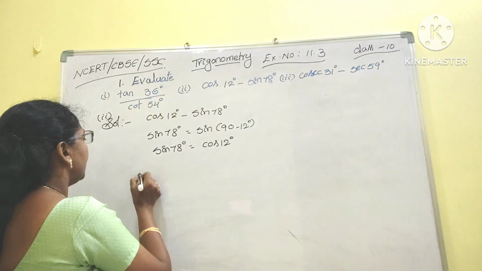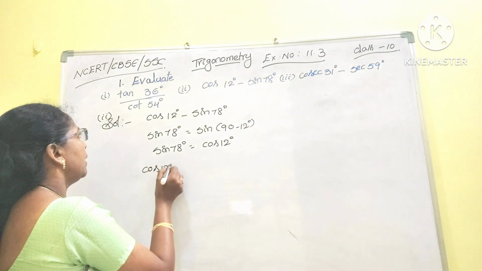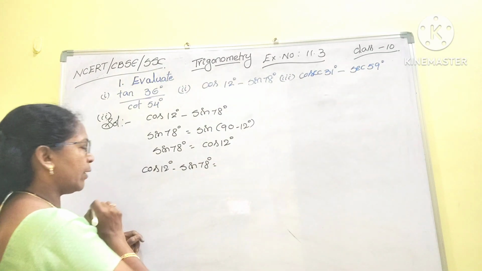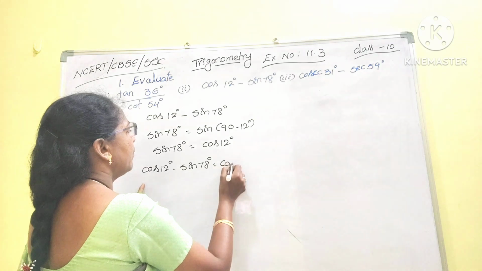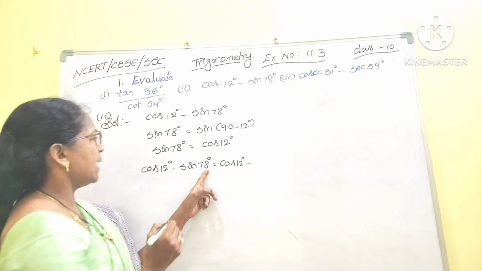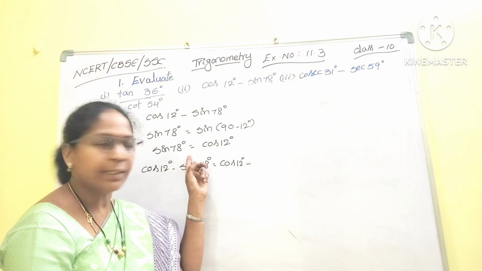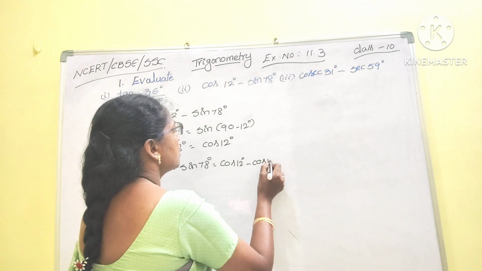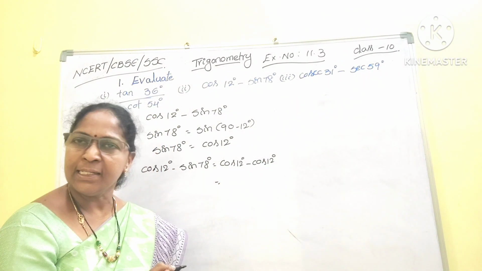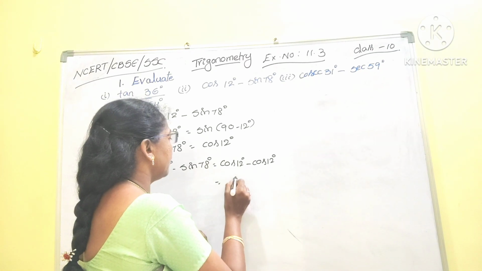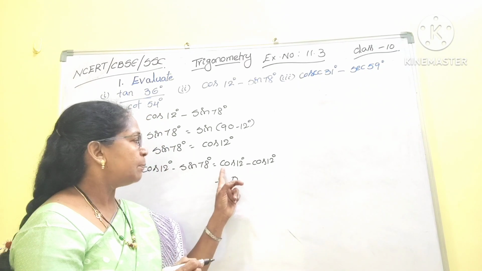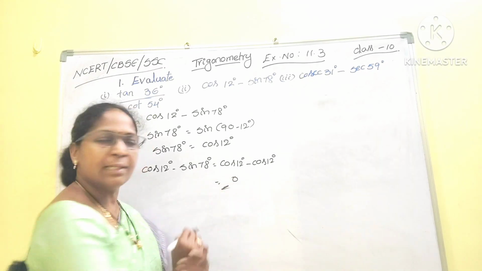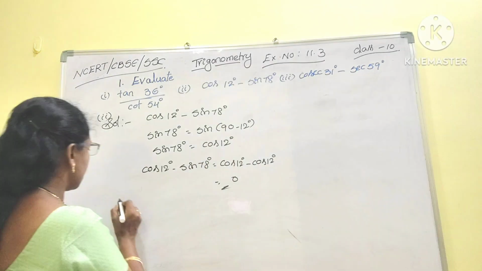Now the given expression cos 12 degrees minus sin 78 degrees, instead of sin 78, you can substitute cos 12 degrees. So cos 12 degrees minus cos 12 degrees equals 0. Both are equal, one is plus and another is minus, so you will get 0. This is the answer. Next, the third sum.